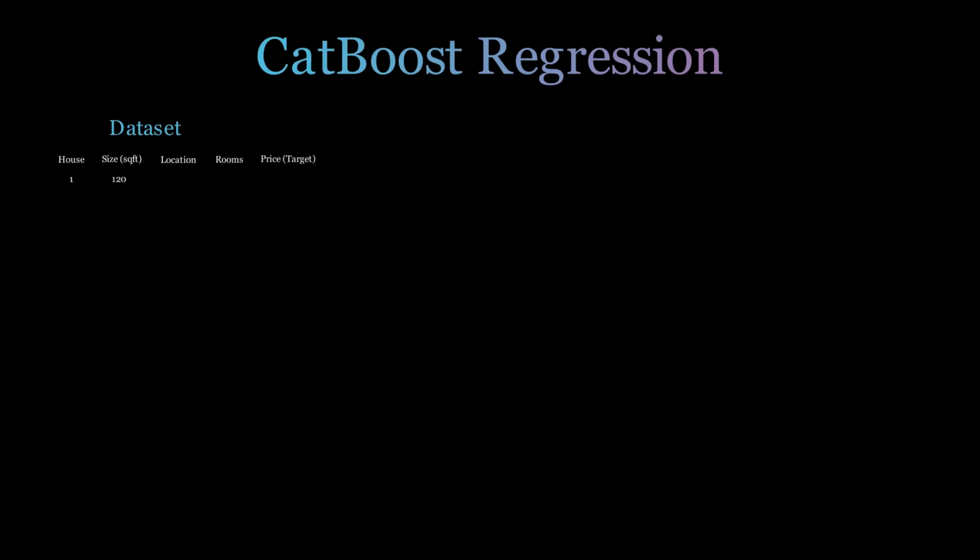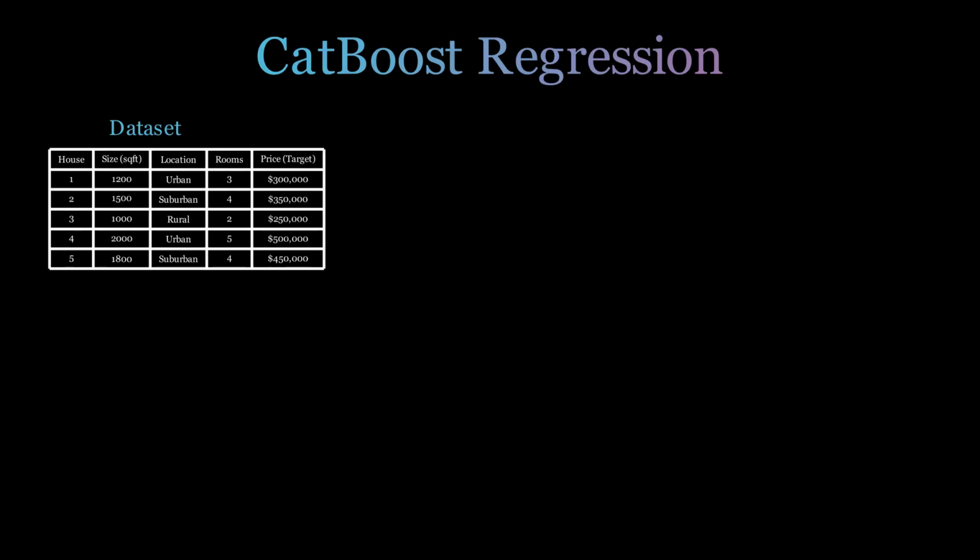We have 5 houses, and we want to predict their prices based on size, location, and number of rooms. CatBoost handles categorical data using a technique called ordered target encoding. It converts categorical features into numerical values based on the target variable.